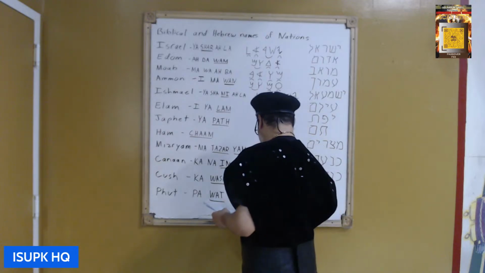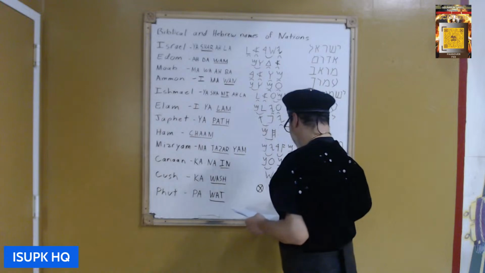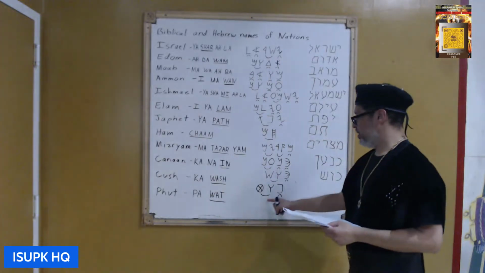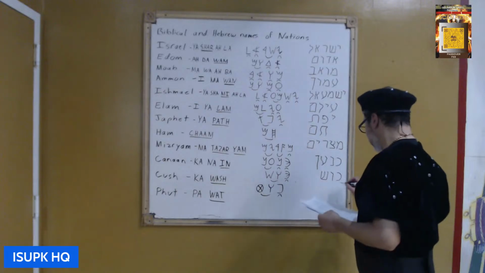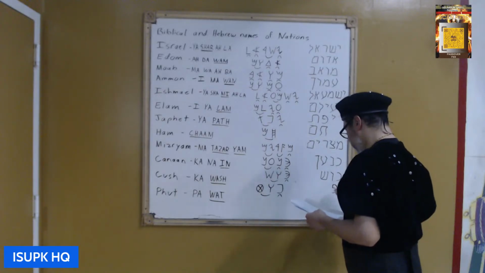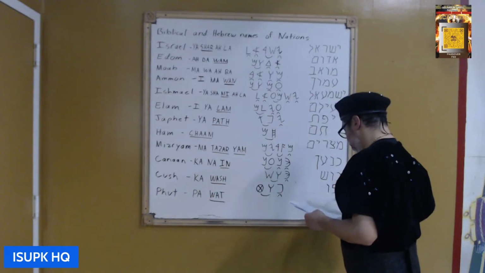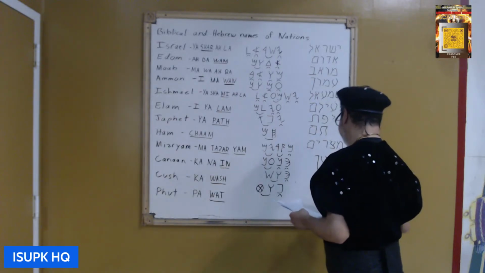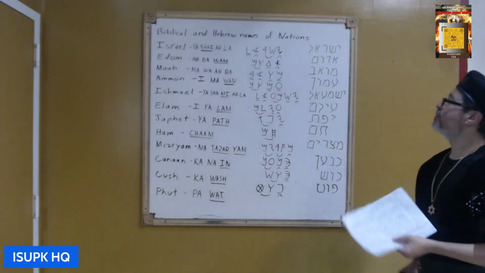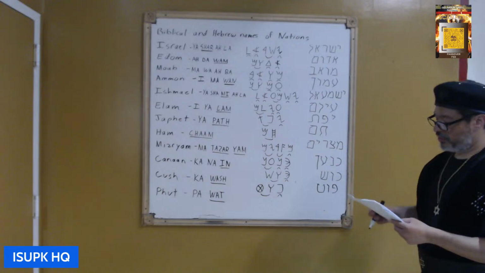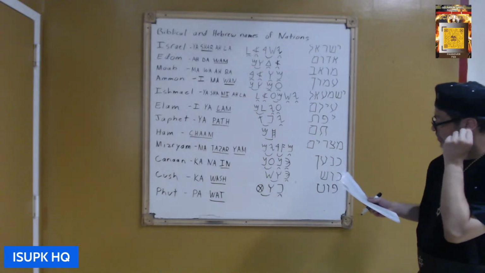Then we have a ta. Pa, wat. These two are connected. Pa, wa, ta. Pawat. And there we go. Those are the biblical and Hebrew names of nations.